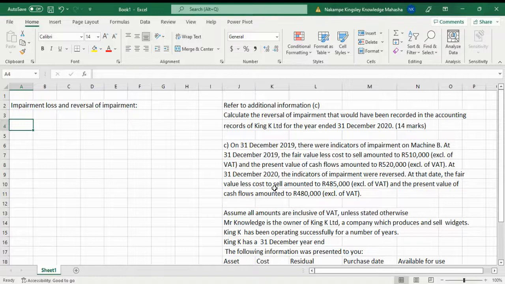At the 31st December 2020, the indicators of impairment were reversed. So in this question, we're going to calculate the impairment loss, and again, the reversal of impairment. At that date, the fair value less cost to sell amounted to 485,000, exclusive of VAT, and the present value of cash flow amounted to 480,000 exclusive of VAT.